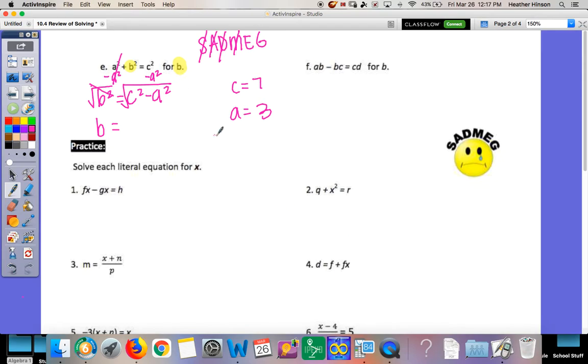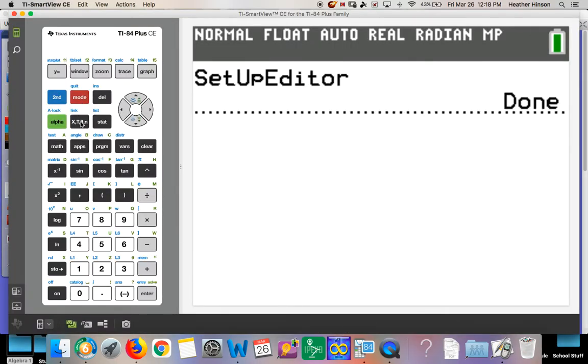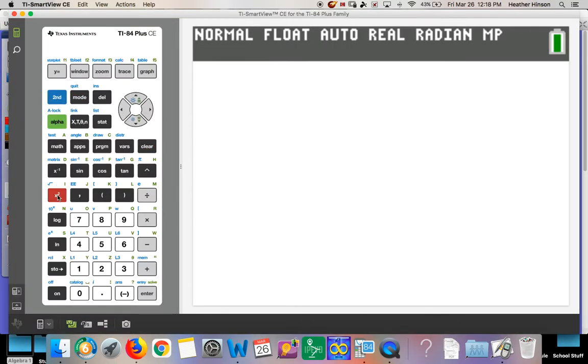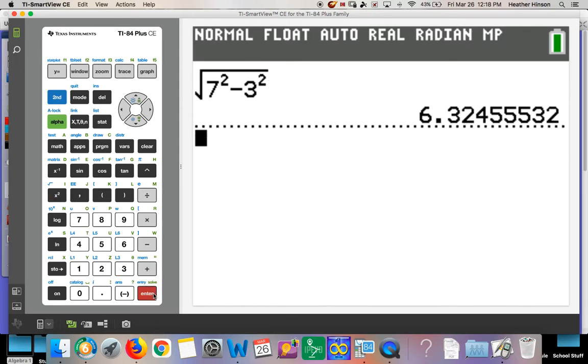So if I take 7 and 3, if I have the square root of 7 squared minus 3 squared, that's going to give me one answer. We can test that out. So the square root of 7 squared minus 3 squared, that's going to give me some long decimal, 6.32.